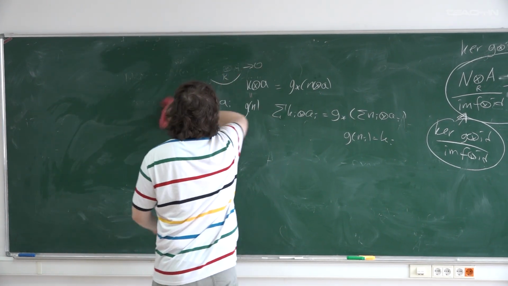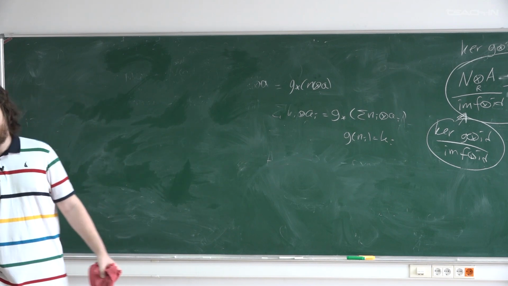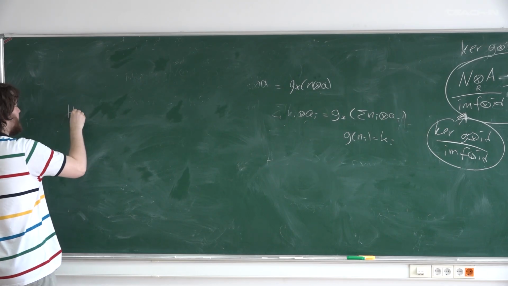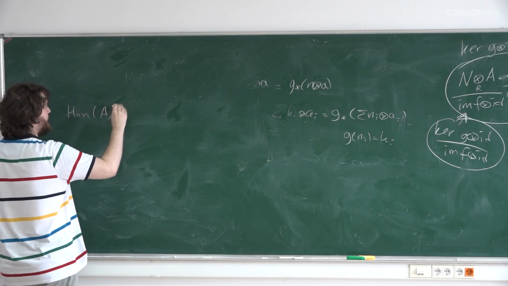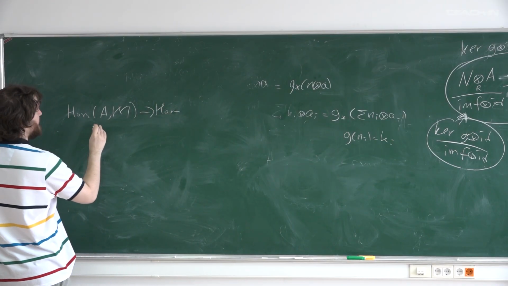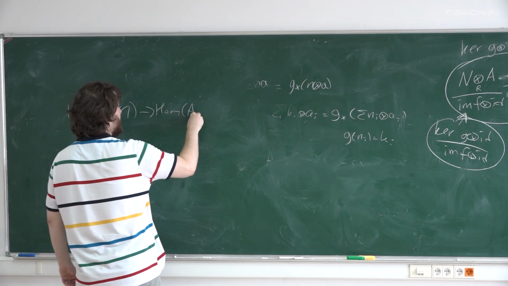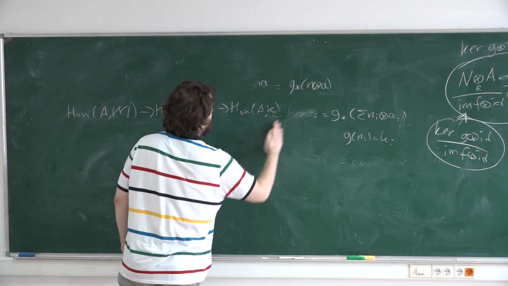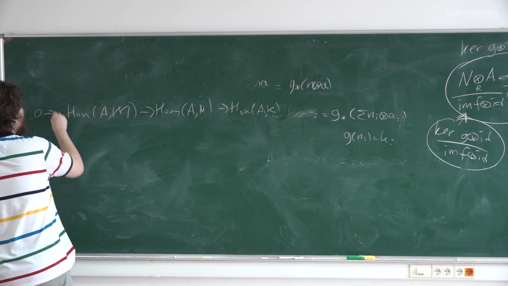And in fact, of course, we have no exactness on the final part of the sequences. For example, Hom(A, N), Hom(A, K).